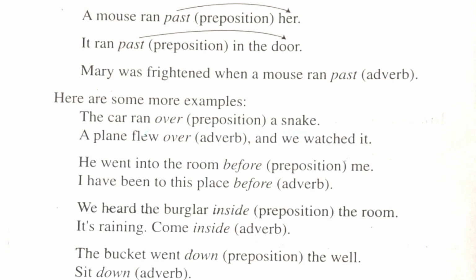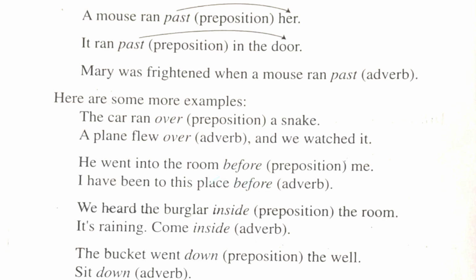Here see, the car ran over whom? The snake. So it is governing this word, a noun. A plane flew over, adverb. Why? Because this over is modifying the verb flew, and we watched it. He went into the room before me.